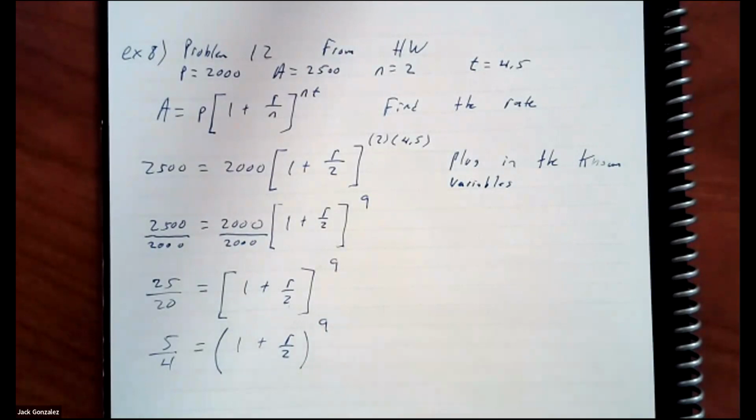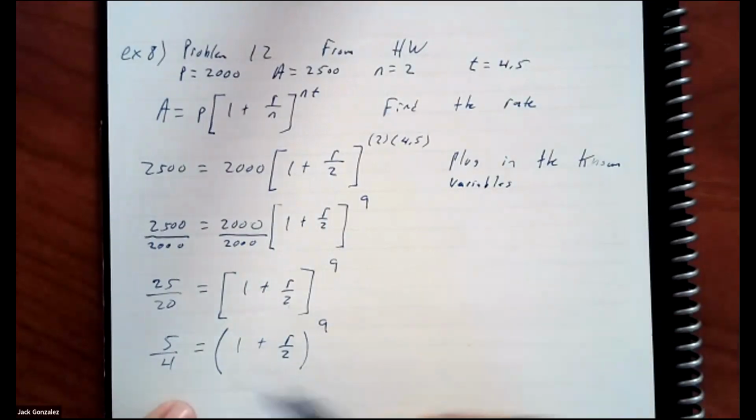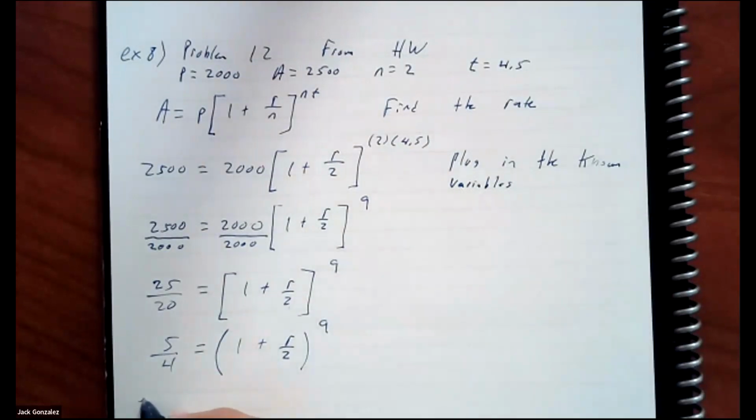That's it. You know how you cancel a 2? You would square root. So it's a 9, so do a 9th root. That makes sense? Okay. The 9th root of everything inside, the entire thing. So both sides, ninth root.